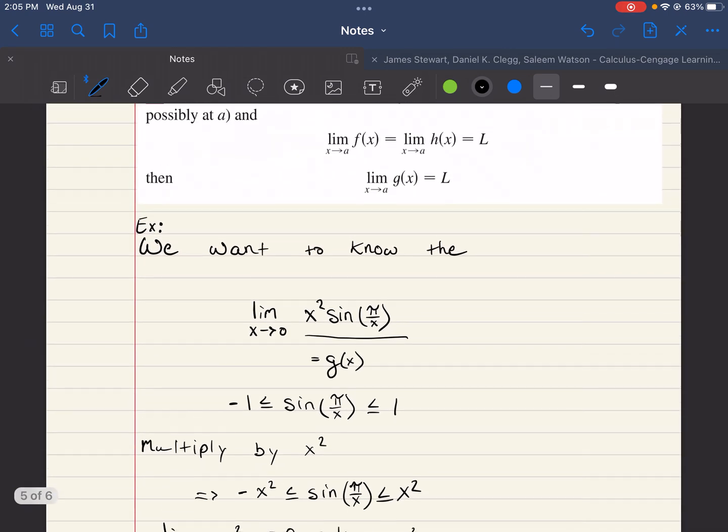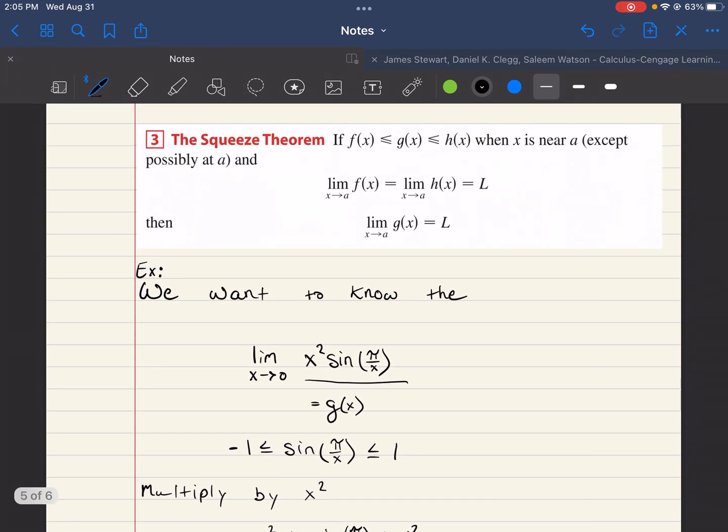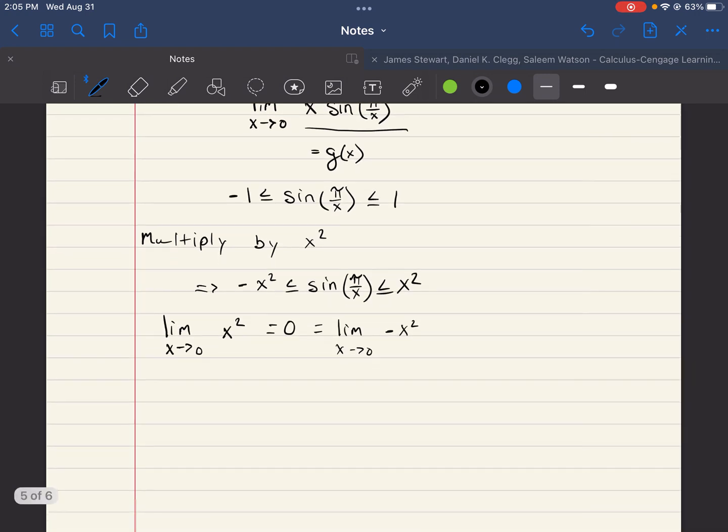So by the squeeze theorem, now that both of those limits are the same, we can say that the limit as x goes to 0 of x squared sine of pi over x equals 0.